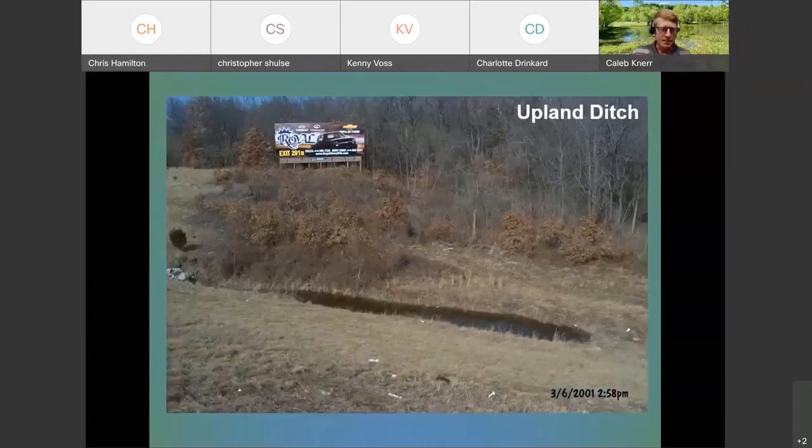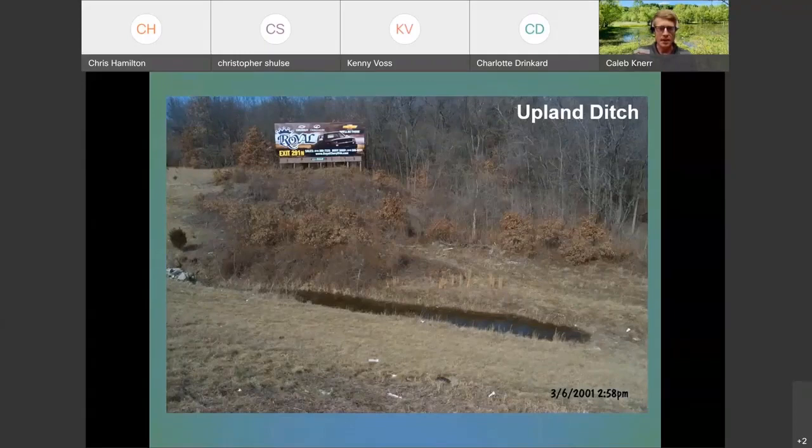And this is just an example of an upland ditch, and a lot of times on project areas there are areas that do hold water for a significant portion of the year or even all year long and develop wetland vegetation, but ditches constructed in wetlands that are not connected to waters of the U.S. essentially are not jurisdictional.